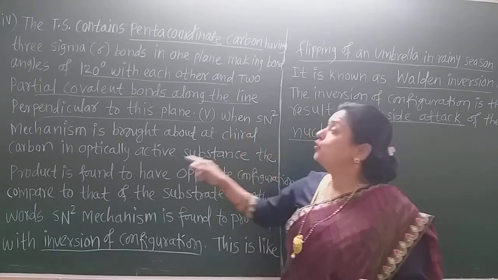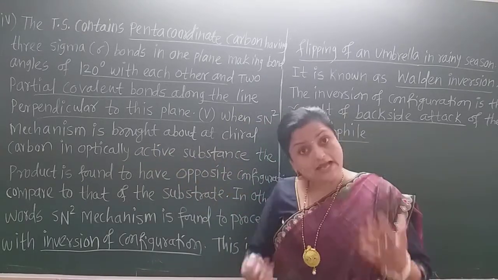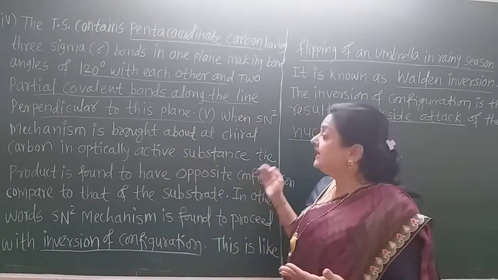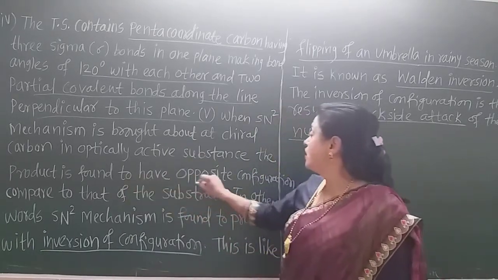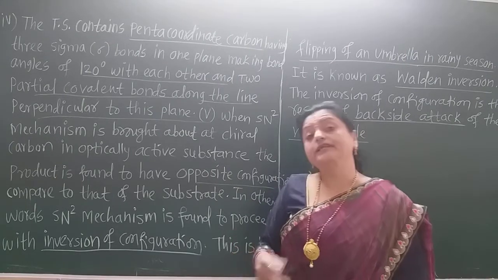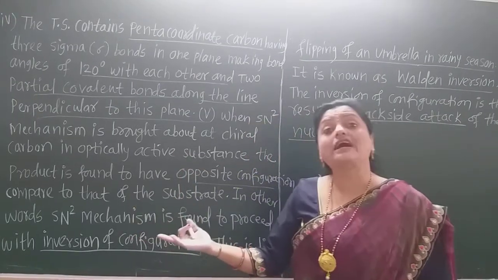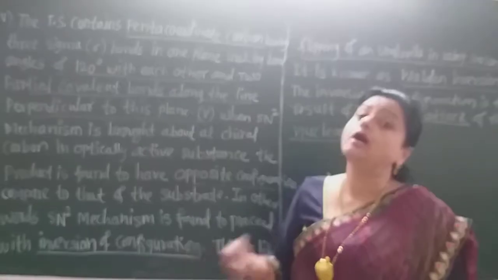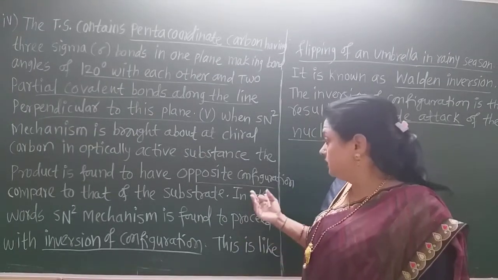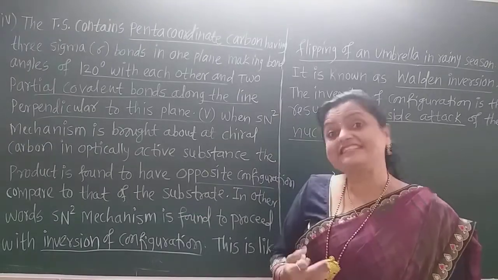When the SN2 mechanism occurs at a chiral carbon in an optically active substrate, the product is found to have the opposite configuration compared to that of the substrate, that is the reactant.